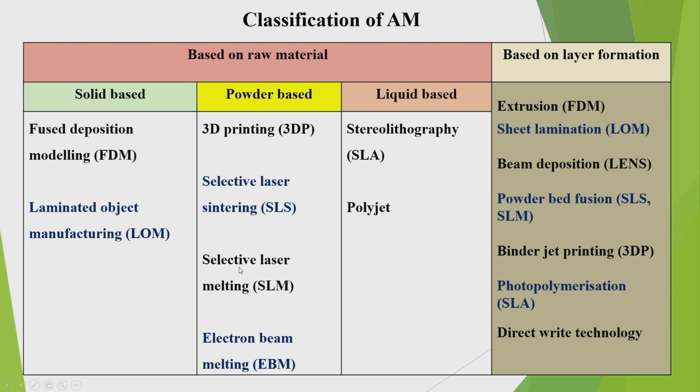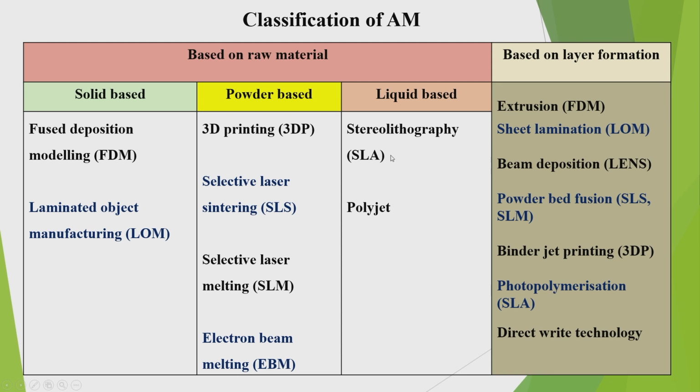But in selective laser melting, you have complete melting, and that melting can also be achieved by electron beam melting, although electron beam melting is very expensive, because it requires a vacuum. And liquid based processes include stereolithography, perhaps the first process of additive manufacturing.